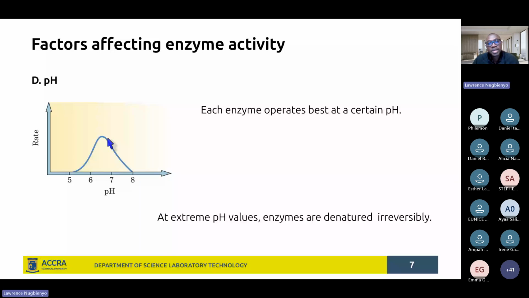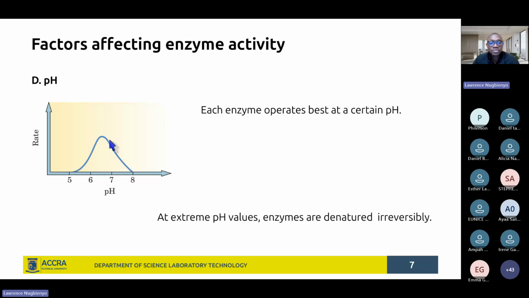Here you see we have different enzymes that have different optimal pH levels. So every enzyme will have a particular pH level at which it can operate optimally.